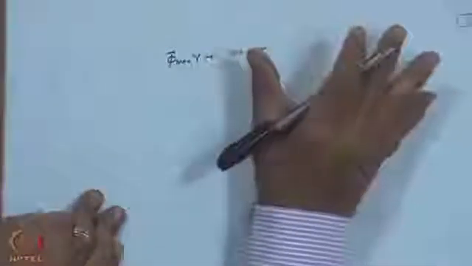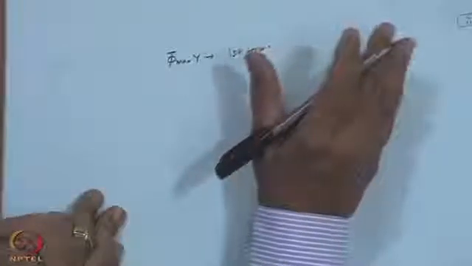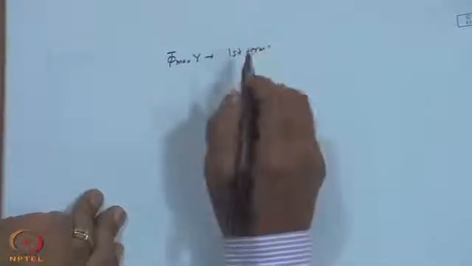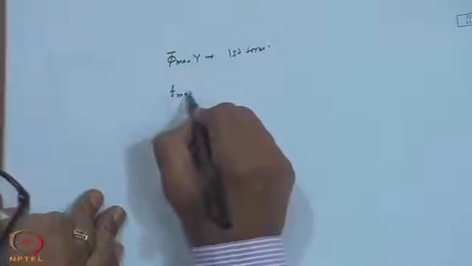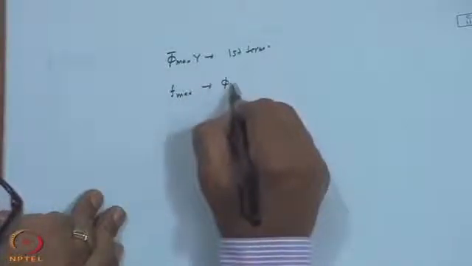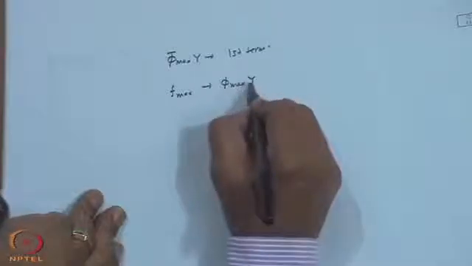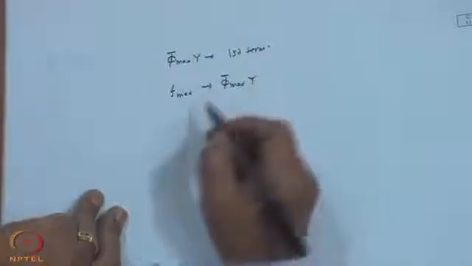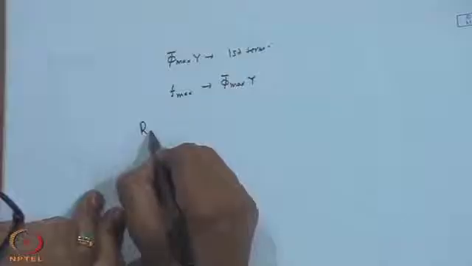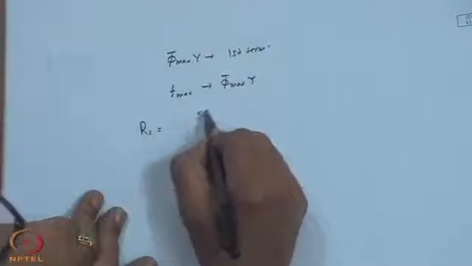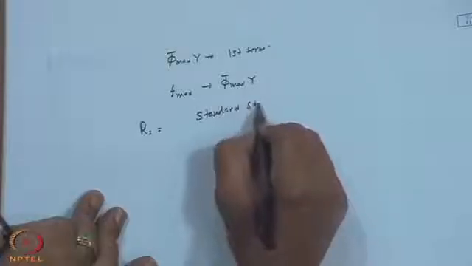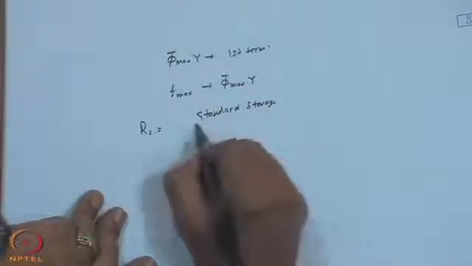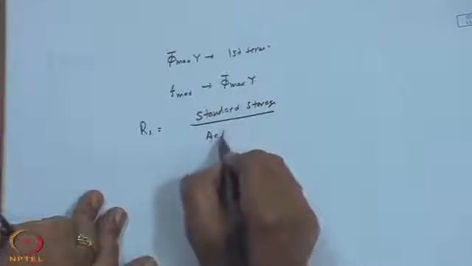If all the other nonlinearities in second and third terms are assumed to be small or 0, you will get simply f, which will be the maximum, as phi bar max Y. And this also contains R_s, the standard storage by actual storage.